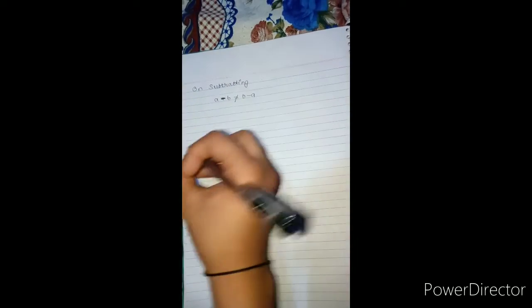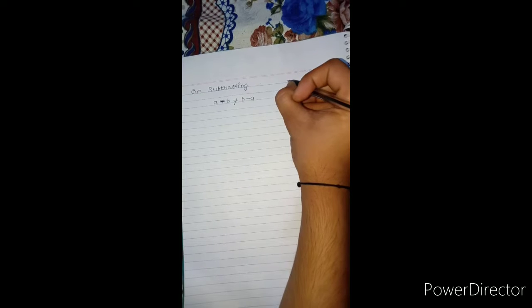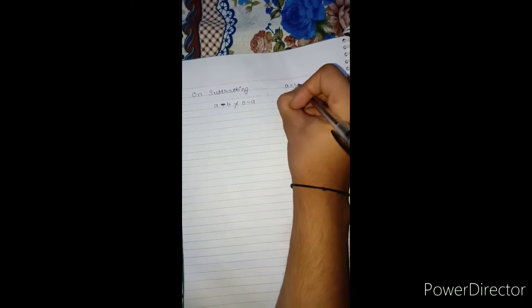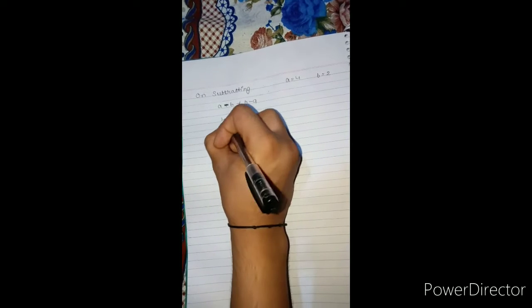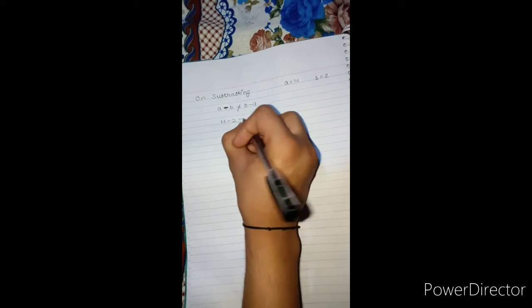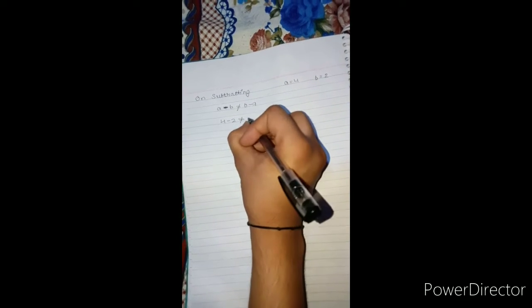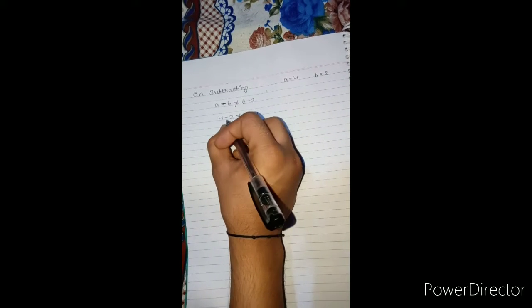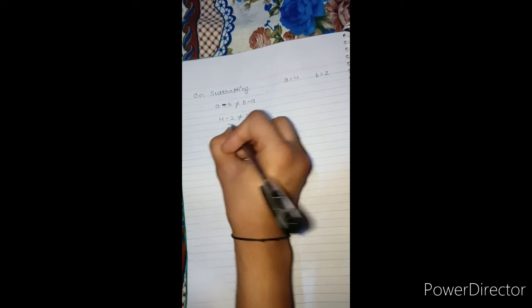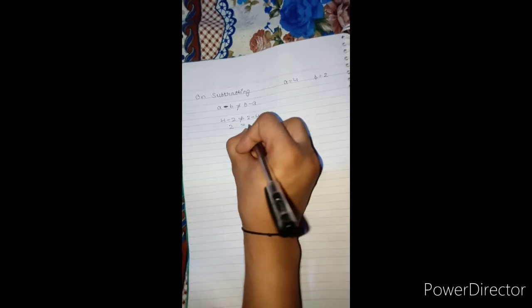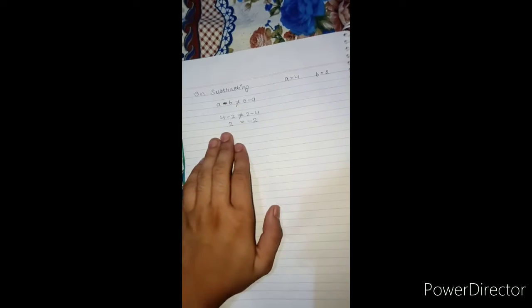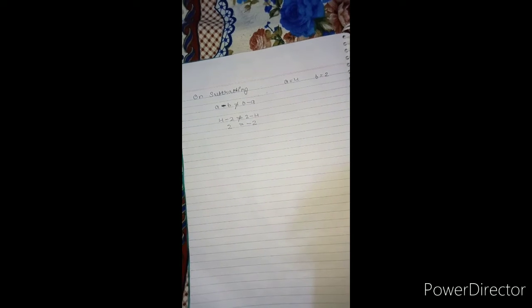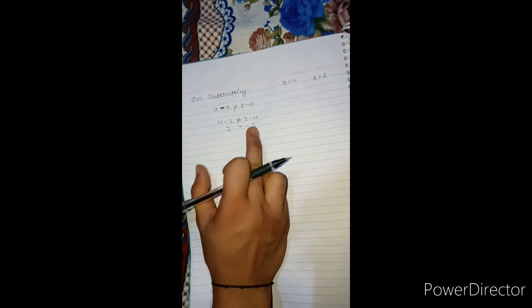In the example with a equal to 4 and b equal to 2, 4 minus 2 does not equal 2 minus 4, because here we get 2 and in this we get minus 2. 2 is not equal to minus 2, because it is a positive value and it is a negative value.